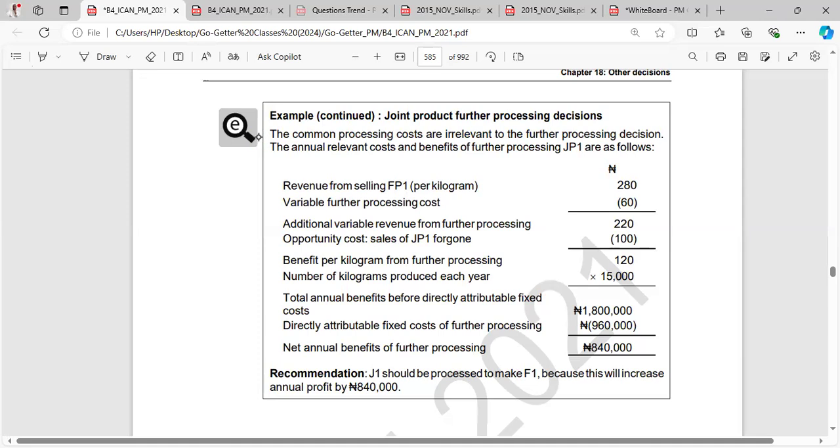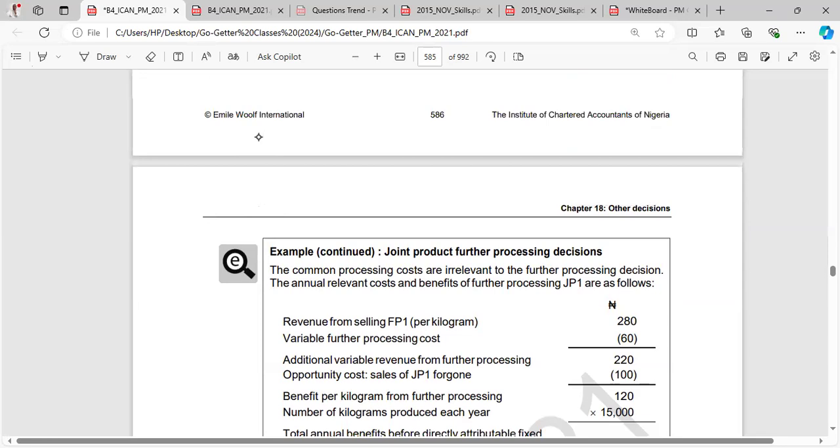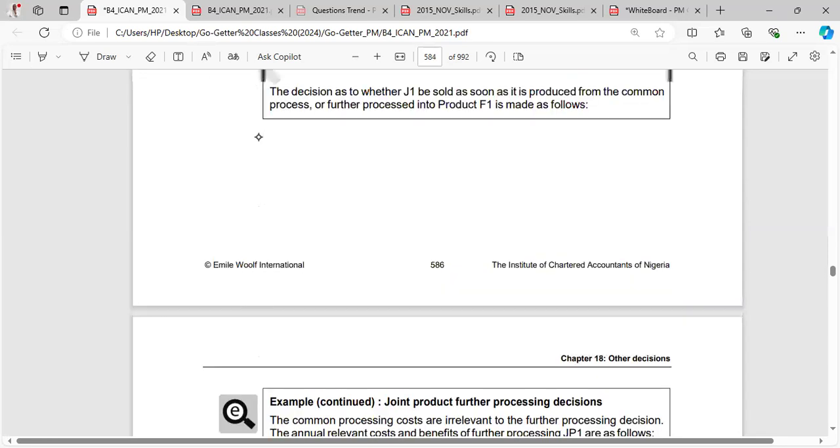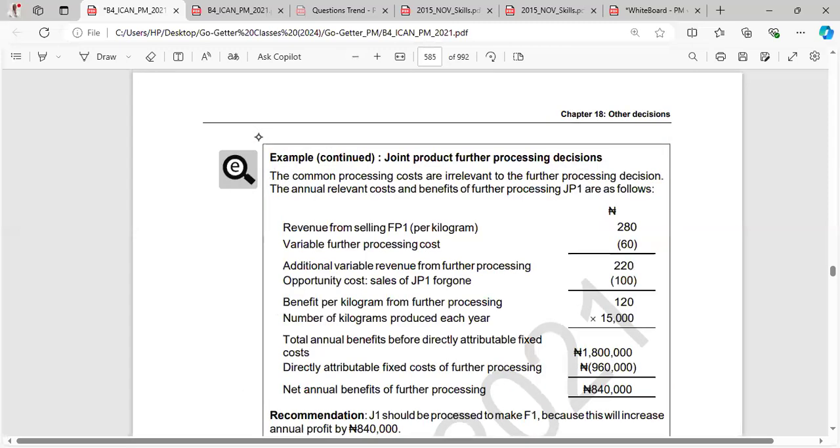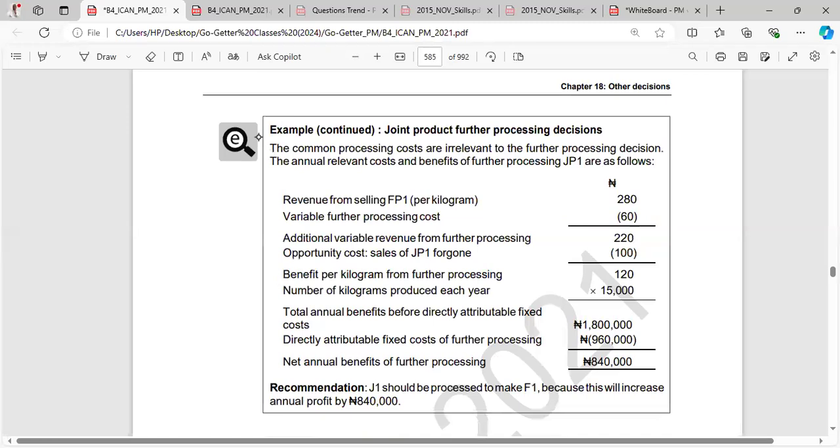We were told that F1 will be sold at 280 naira per kilogram. So if we turn J1 to F1, we are going to be selling it at 280 naira, right? That's a benefit for it.